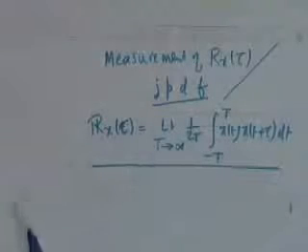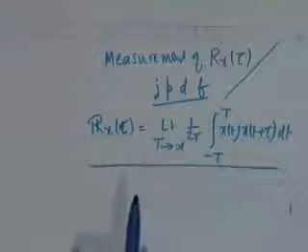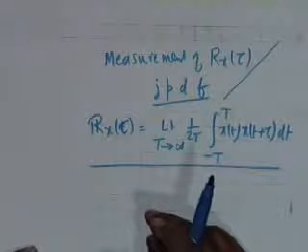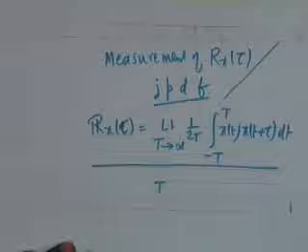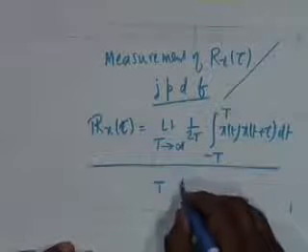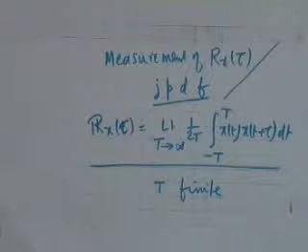Now, in order to be able to measure the time average, obviously the time interval that you have to consider is infinite. You cannot go on measuring things over an infinite period of time. So, necessarily capital T has to be restricted. Capital T has to be finite if you have to measure it.